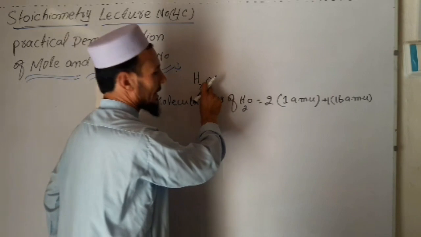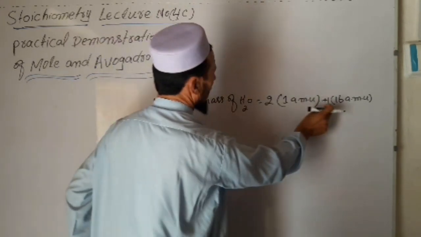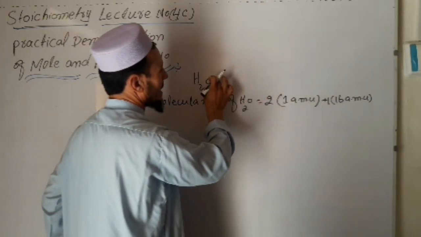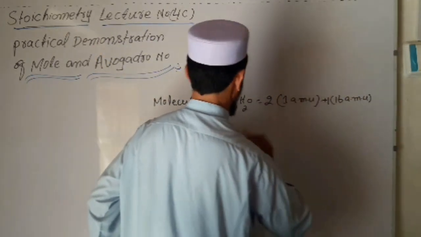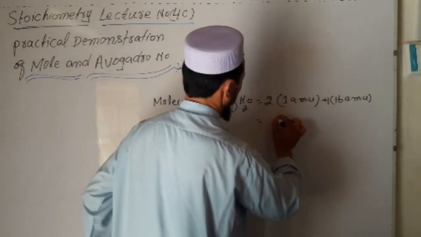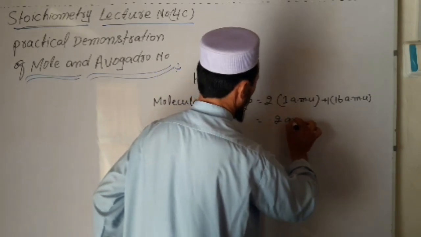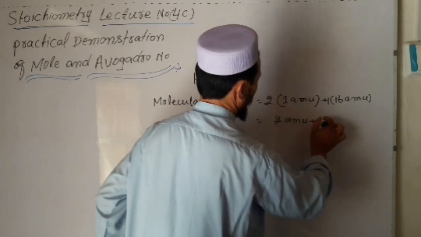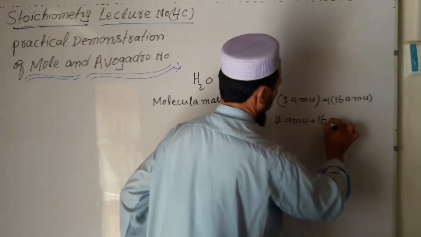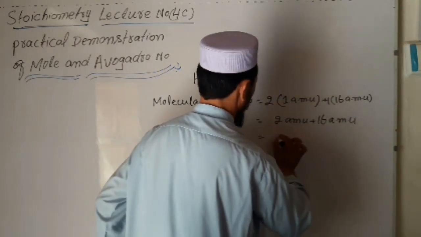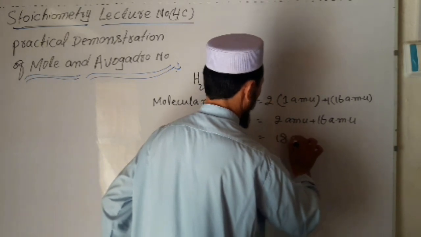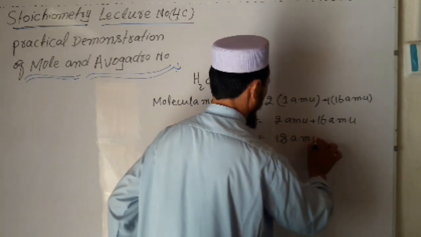Here the number of oxygen atoms is equal to 1 and the atomic mass of one oxygen atom is equal to 16 AMU. So we will get 2 AMU plus 16 AMU. Therefore, it will become equal to 18 AMU.